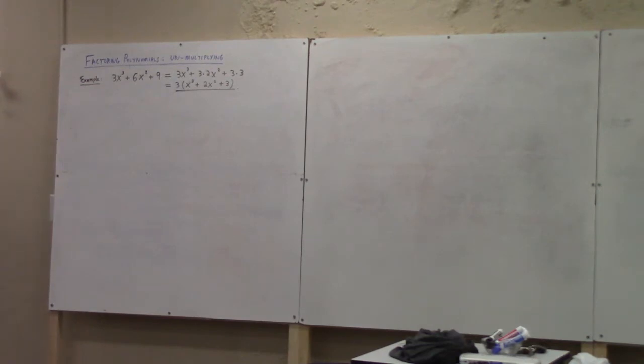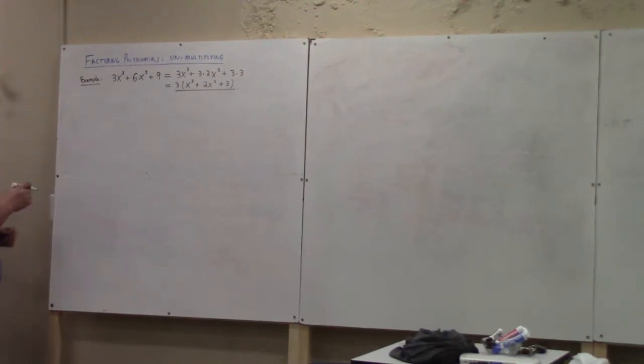I could tell you that this polynomial is not factored completely. What I'm trying to say is there is a way to factor this further. But I think it would be pretty difficult for this example to actually do that. So I'm going to stop right there.